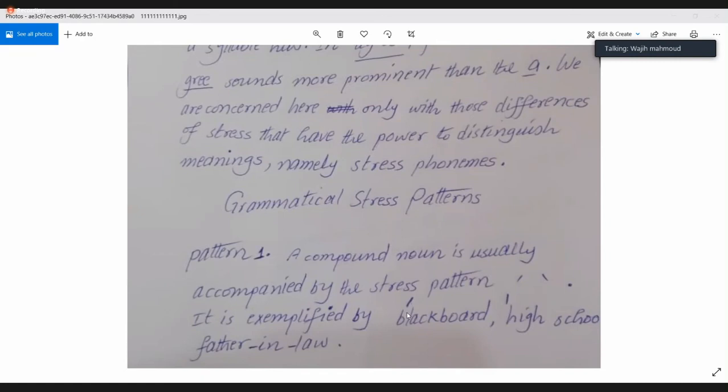The second pattern is different. I mean, we'll proceed to the second. So this is the first grammatical stress pattern. It's a compound. Compounds receive stress on the first element. That's why the second element is reduced sometimes.